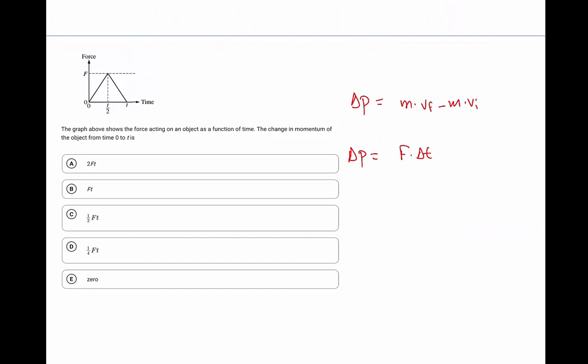But we said that we can only use this law if we have a constant force, and this is a non-constant force, it varies. So we need to say that the delta p is equal to the area under the force versus time graph. This is a triangle, so it is half the base, which is t, and the height, which is f, and the answer is C.